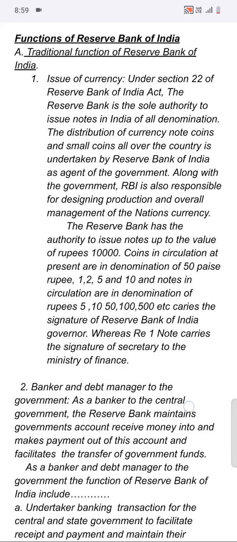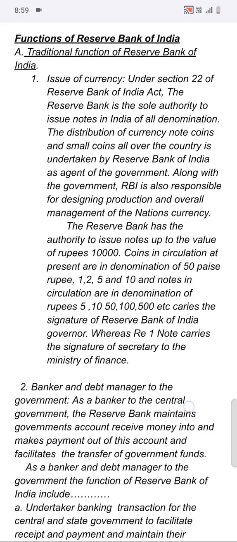And also sometimes we can see a rupees 20 coin. Notes in circulation are in denominations of rupees 5, though mostly the 5 rupees note is also not seen nowadays, and rupees 10, 50, 100, 500 etc.